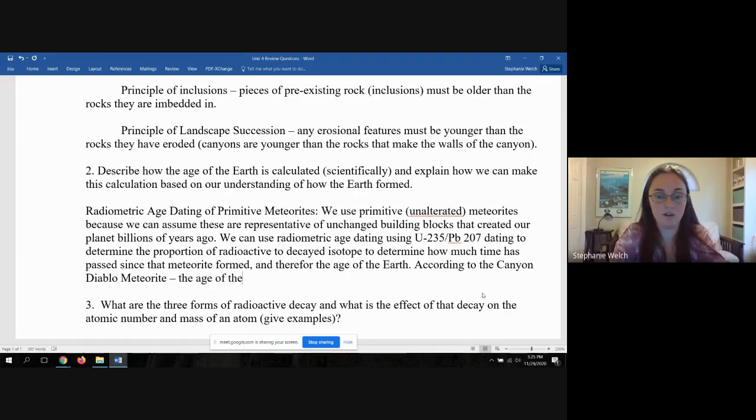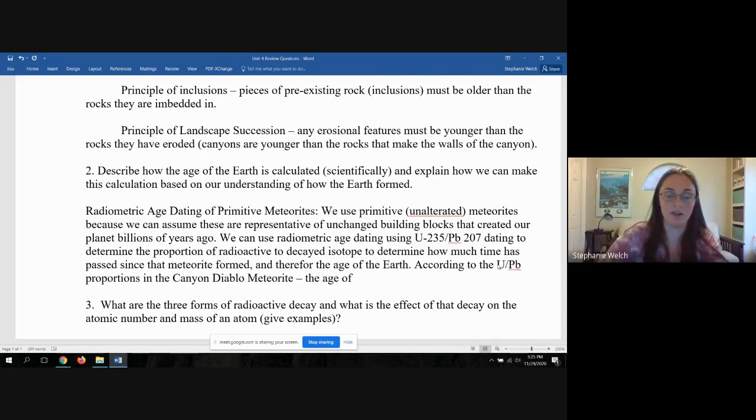The age of, according to uranium lead proportions in the Canyon Diablo meteorite, the age of the Earth is 4.54 billion years old.